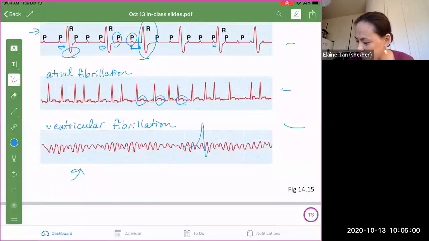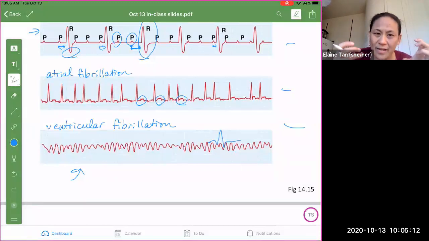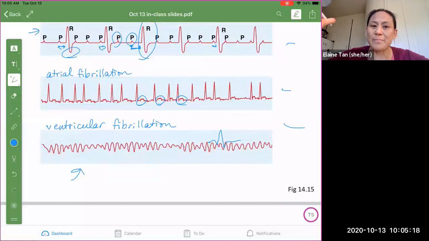Oh, sorry, I drew an action potential. Okay. You don't see any very clear QRS complexes, right? So that means that you don't have that coordinated electrical signal coming from your ventricular cells, making that larger summed signal that you can pick up as a QRS complex, okay?